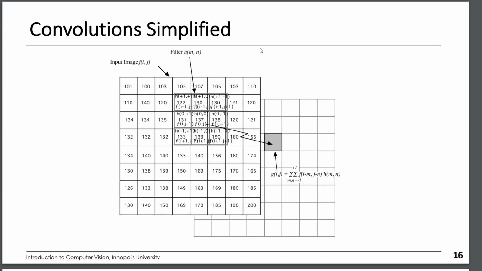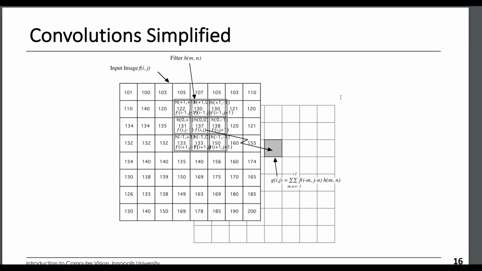Somebody can remind me of the operation of logistic regression or of linear regression, right? So y, or output, equals a1 multiplied by x1 plus a2 multiplied by x2 plus so on and so forth, right?